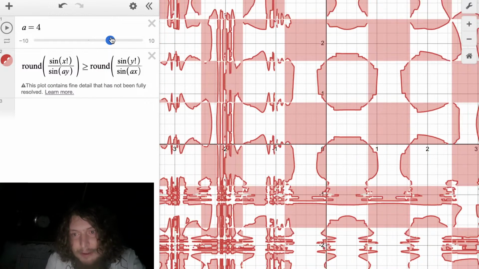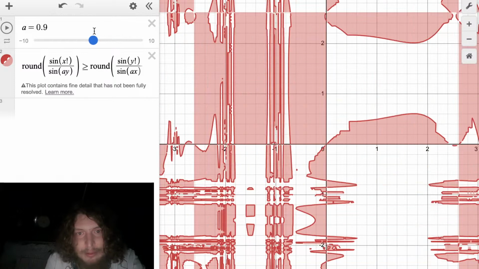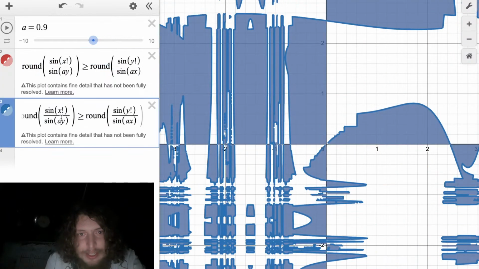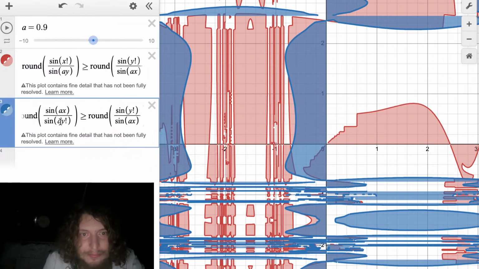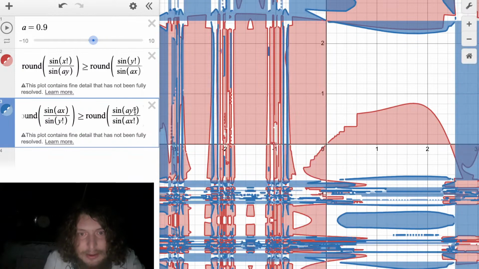Now, to have a few colors at once and make it extra wild, what we'll do is try another combination of this, where we're going to try a few combinations. One is going to be that the factorial is on the bottom. We're basically just going to switch these: ax and y factorial, and ay and x factorial.